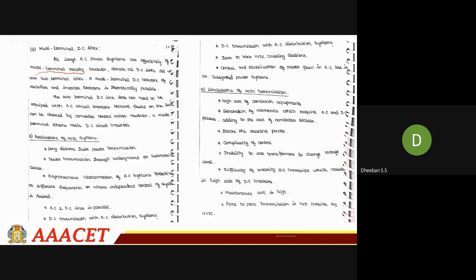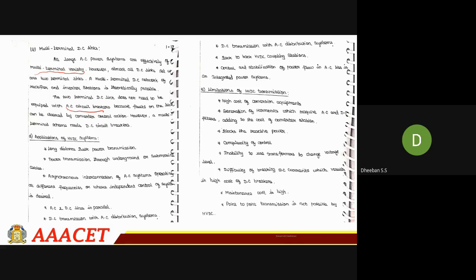The two-terminal DC link does not need to be equipped with AC circuit breakers. But in case of a multi-terminal, you are in need of AC circuit breakers as well as DC circuit breakers.